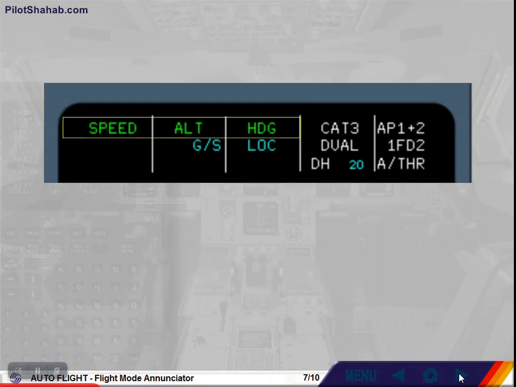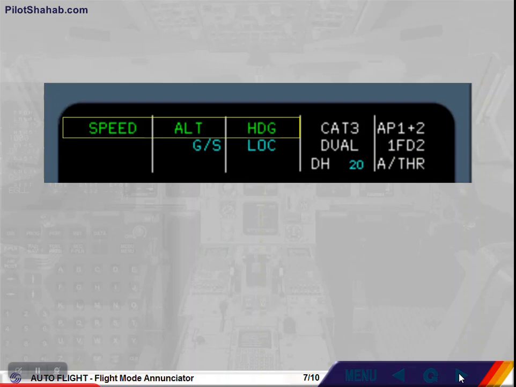The first line shows the engaged modes for the flight guidance system. In our example, the speed mode is engaged for the autothrust. This means that the autothrust will manage the thrust to track the target speed. The altitude, ALT mode, is engaged for the vertical mode.